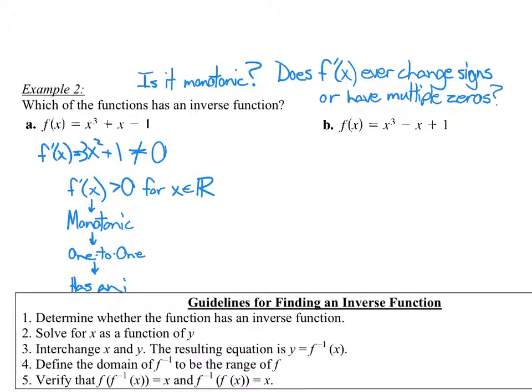Once we prove it is monotonic, do we still need to prove that f of g of x equals g of f of x? No, because we don't know what g is. If we were given another function and asked to prove whether the two functions were inverses, then we would do f of g of x and g of f of x. Here we're just saying, does an inverse function exist for this?